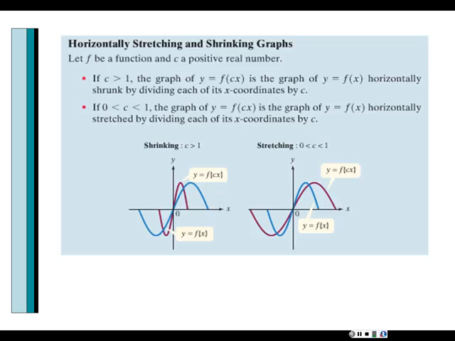So the first example is about shrinking. When you have c larger than 1, the blue graph is the original graph and the red graph is the shrunk graph. And here you see c is between 0 and 1, and in this case, you are stretching the graph. So the blue one is the original graph and the red one is the stretched graph.